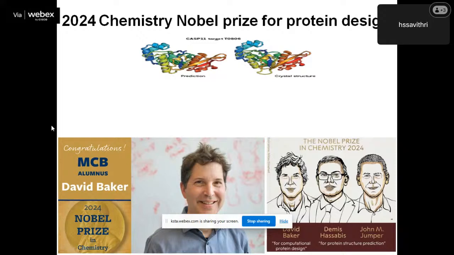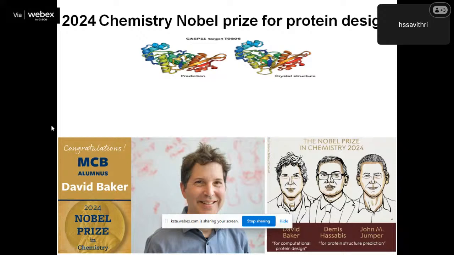If there are experts in the audience, please bear with me. Just to put it in a nutshell, the reason why David Baker was awarded the Nobel Prize is this: on the left side of the screen, you see a molecule. This is a very complex molecule, consisting of hundreds of atoms. How to synthesize or create such a molecule is a challenge to any chemist.